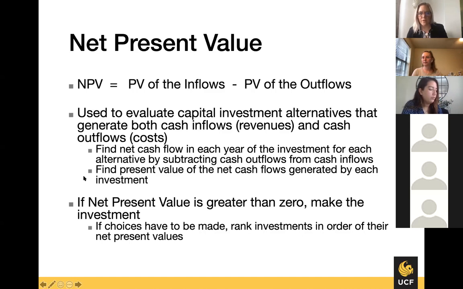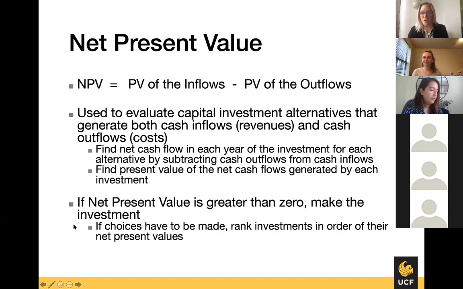The rule of thumb here, and I have an example on the next slide, is if the net present value is greater than 0, then make the investment, at least in terms of the financial decision. There could be other reasons to not make the investment or implement the program, but from a purely financial standpoint, if the net present value is greater than 0, make the investment.